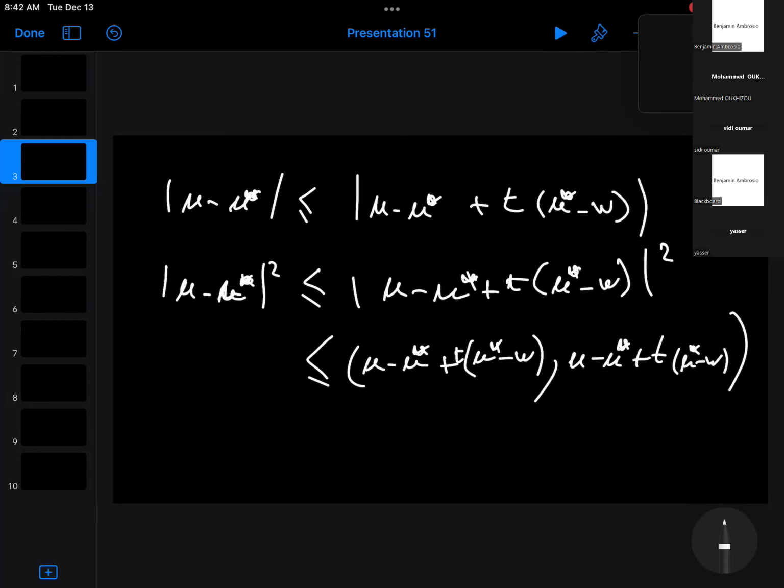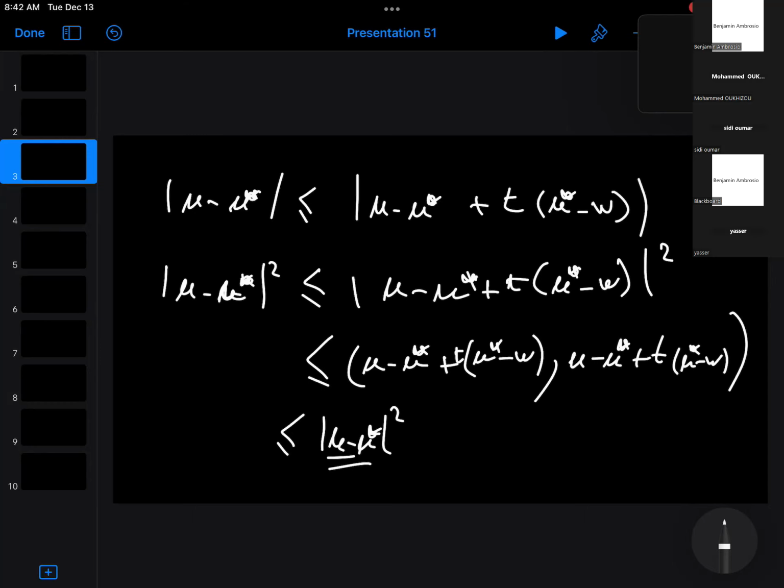So what do I obtain? I will distribute. I will obtain the norm of U minus U star squared. I chose things on purpose, so it will cancel with the left hand side of the inequality.